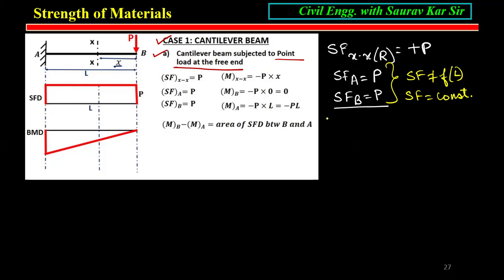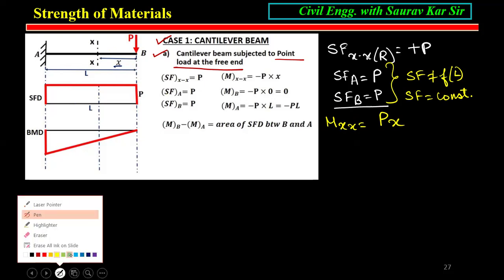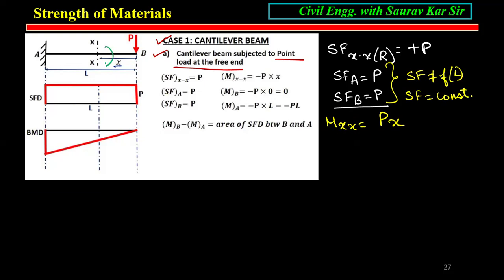Now bending moment about XX: P into the distance X. Now the downward load, we can see here, P on the right side downward, so clockwise, so minus Px. Now bending moment at B. At B, what is the value of X?